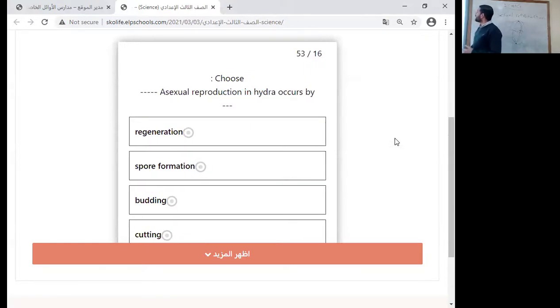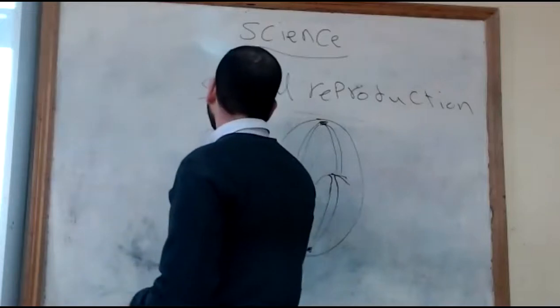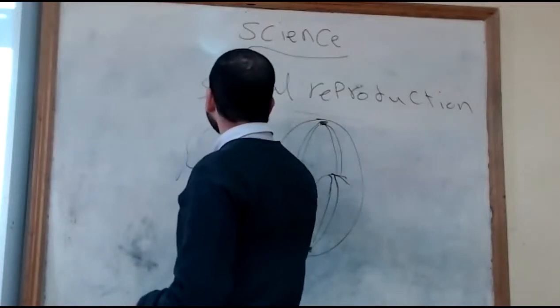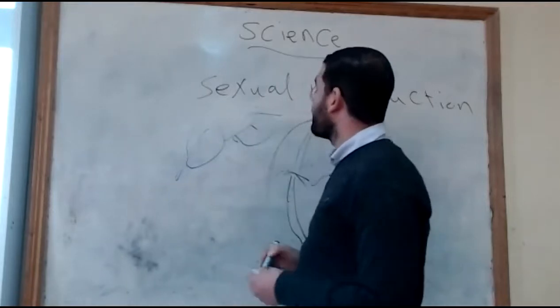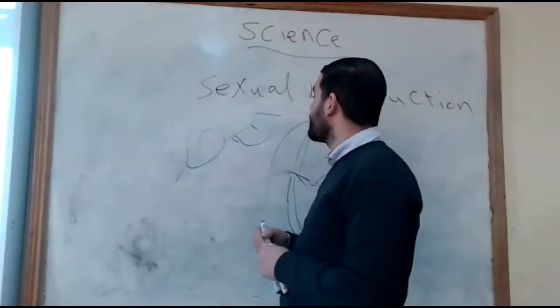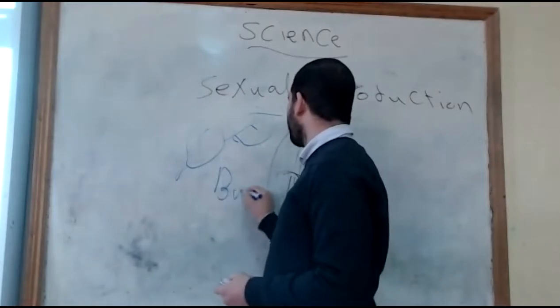Asexual reproduction in Hydra occurs by what? Hydra is a multicellular living organism that reproduces by forming another one that doesn't separate from it, and this way is said to be budding.